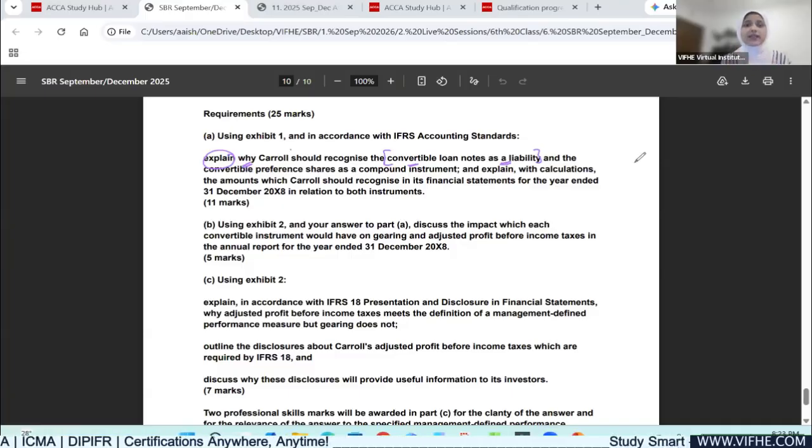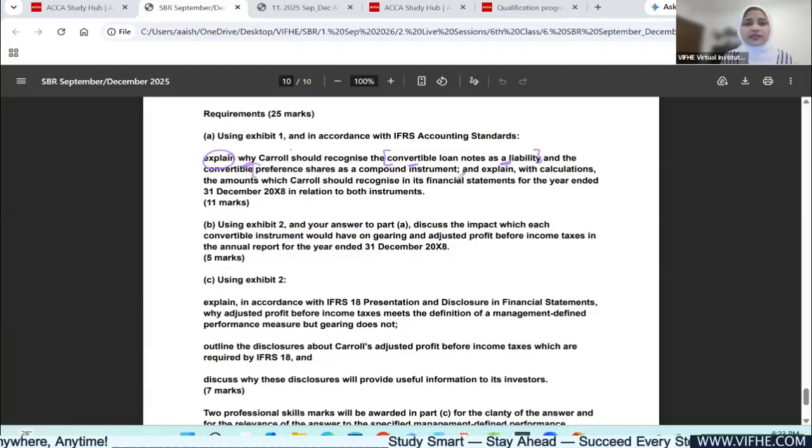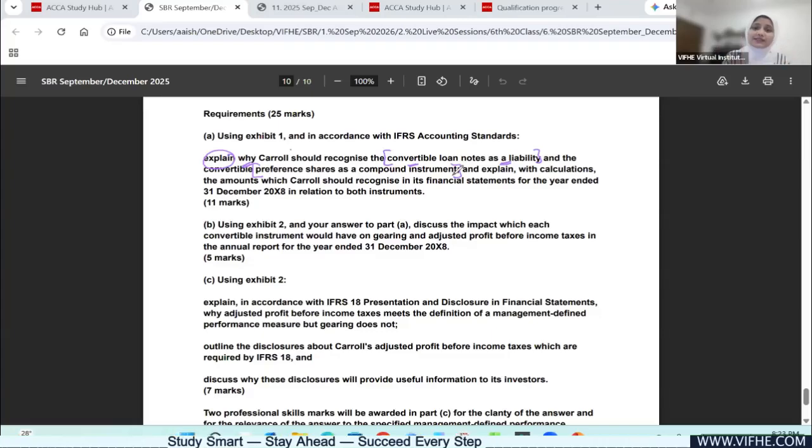No, they are saying it's liability. Why? You have to prove why. And the convertible preference shares as a compound instrument. So again, the second thing, don't break your head into thinking, oh, preference shares is liability, equity or compound. They are saying it's compound, prove why it's compound. Your head breaking should go in that direction.